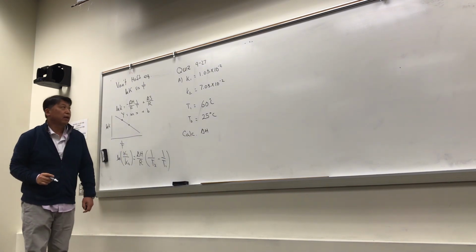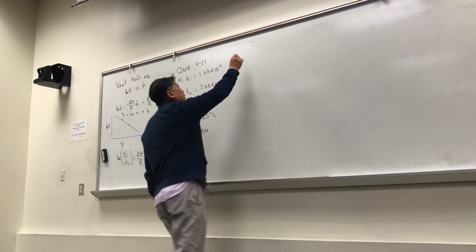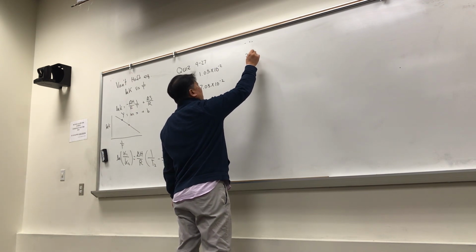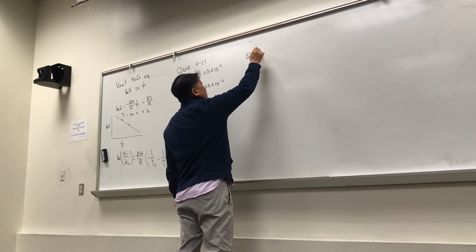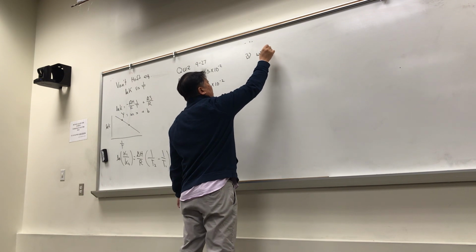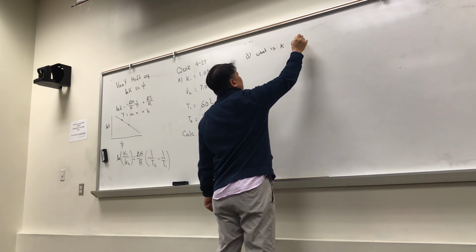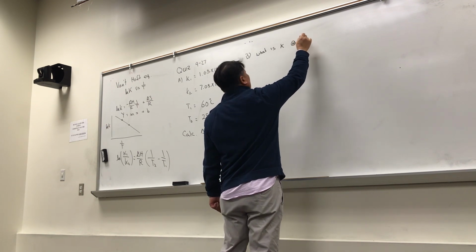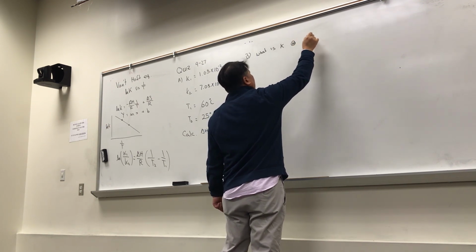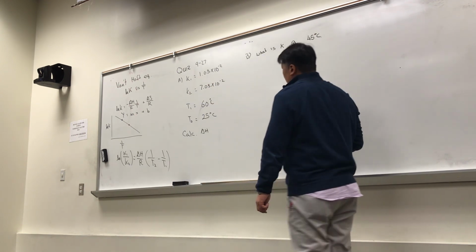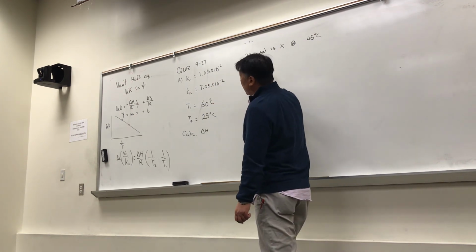Okay? Calculate that. B: what is K at, let's say, 45 degrees Celsius? So A and B are related to each other.